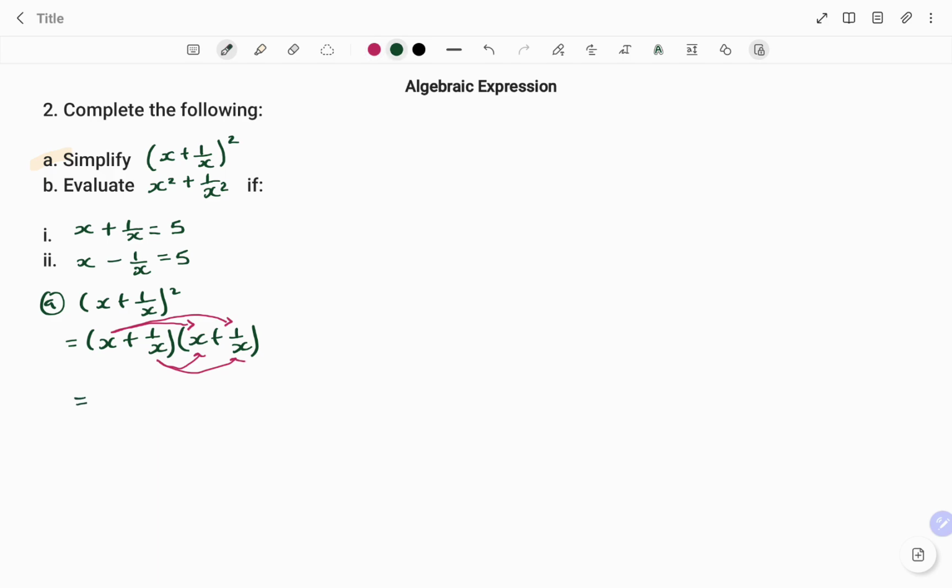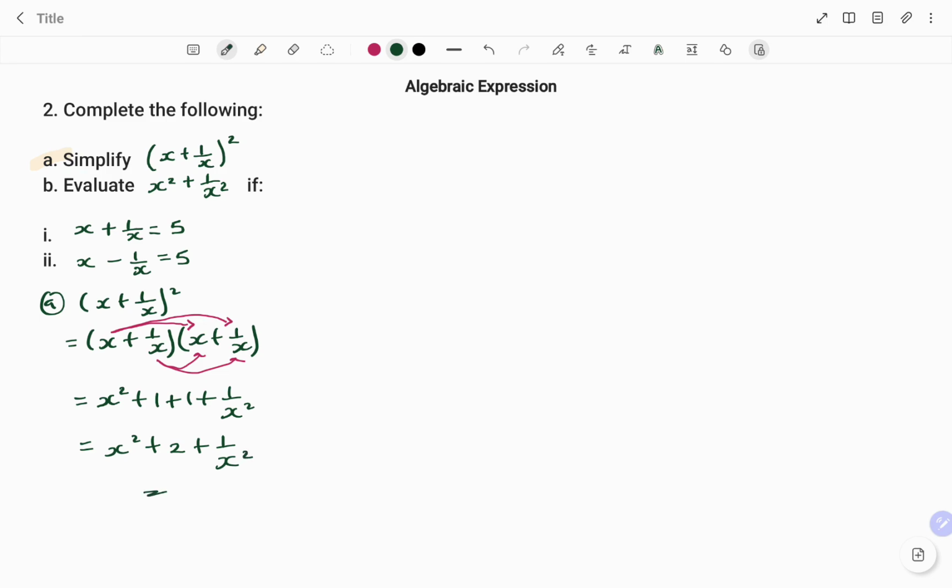So we have that expansion as x times x, x squared, plus x times 1 over x, that will be plus 1, 1 over x times x, plus 1, and the last terms, 1 over x times 1 over x, 1 over x squared. If we simplify, we have x squared plus 2 plus 1 over x squared.